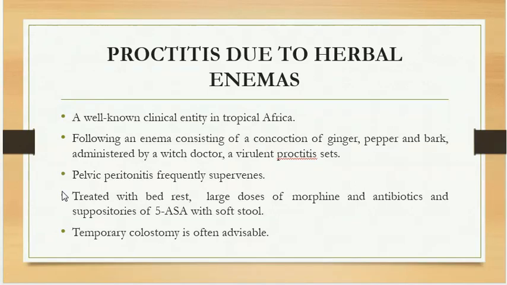Another variety is proctitis due to herbal enemas. This is another condition where herbal enemas, used to treat constipation, can result in proctitis. Again, this clinical entity is present in tropical countries, especially Africa, where these enemas are used.